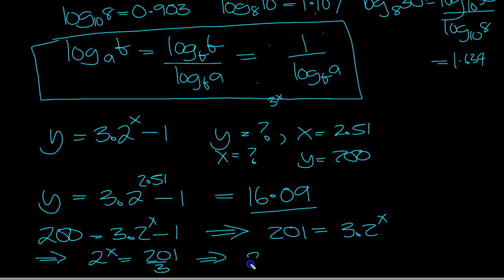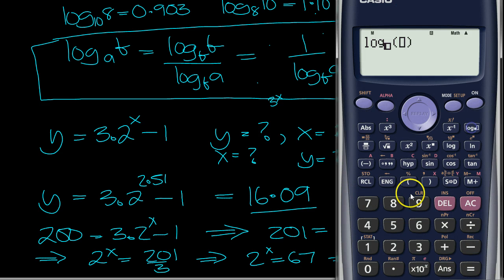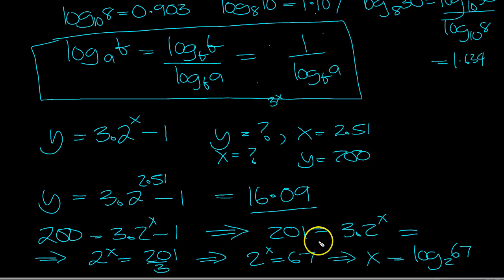So 2 to the x is equal to 67. So then x is equal to, move the 2 down now, write it in the log form, log 2 of 67. Log 2 of 67 is 6.07.